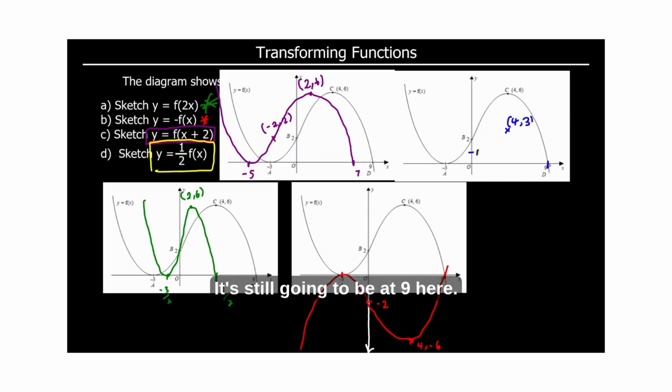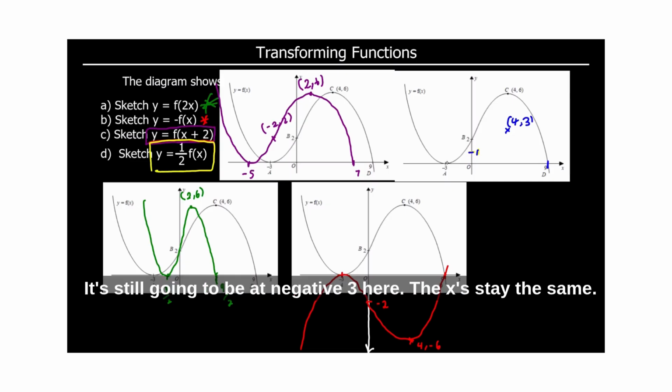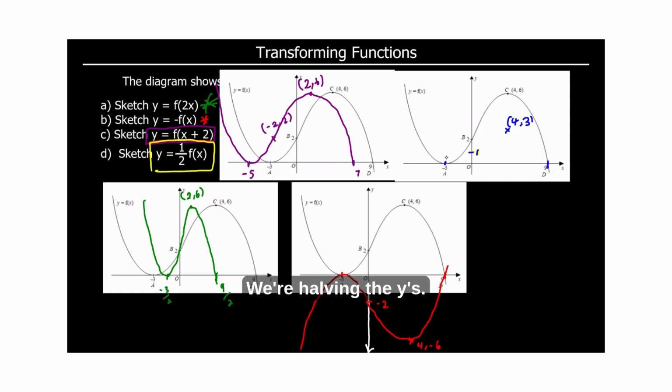It's still going to be at 9 here. It's still going to be at -3 here. The x's stay the same. We're halving the y's. So it's going to look something like this. So halving all of the y's.